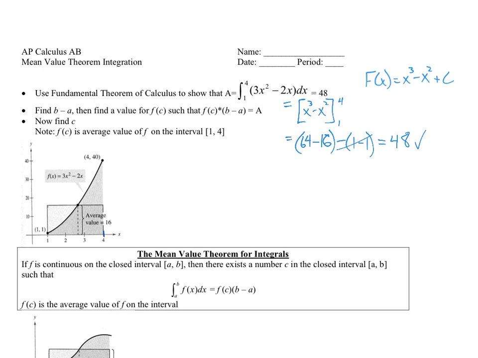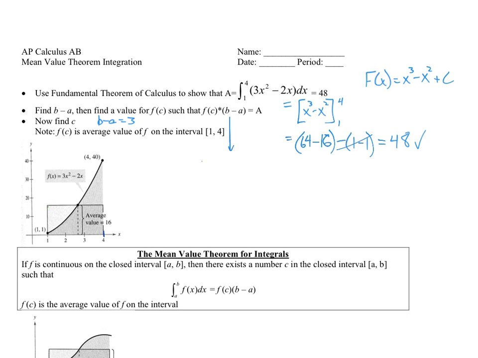Now, what we have here is kind of a process. It says find b minus a. Well, what's b minus a? 3, okay? b minus a is 3. And it says, find a value for f of c such that f of c times b minus a equals the area.